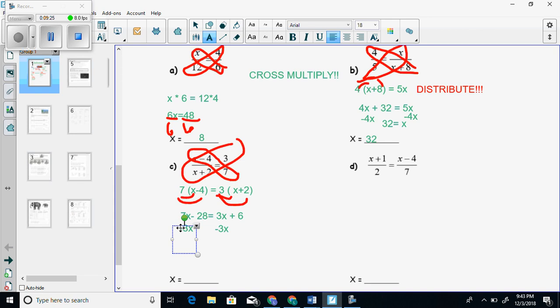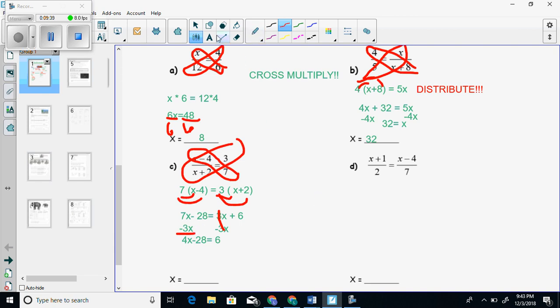So I have 4x minus 28 equals, and I just have a 6 left over there because those cancel. Okay, so this is 4x. I'm going to add my 28 over, and I'm going to get 34, and then I'm also going to divide by 4, and I'm going to get x equals 8.5.